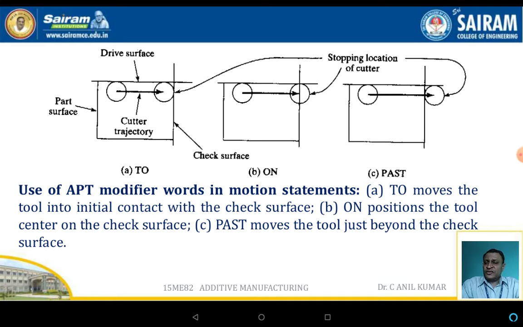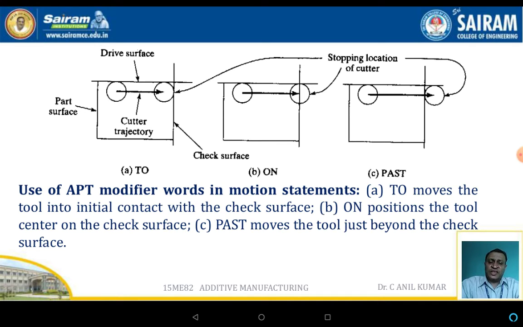In these sketches, we can easily identify the cutter movement. In the first sketch, A, the cutter is moving with respect to the drive surface. That is nothing but a to statement. In the case of B, the cutter is moving with respect to the check surface, and the center point is coinciding with it, which is nothing but on.